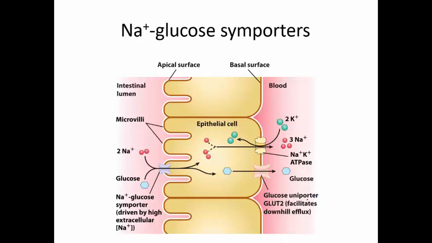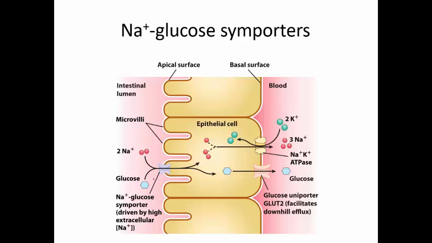Second example is the sodium glucose symporter. This is found in the epithelial cells in your intestines. So this is the inside of your intestines, and what we need to do is move the food that you ate and that's been broken down in your intestines through those epithelial cells, eventually into your bloodstream so it can be used, right?